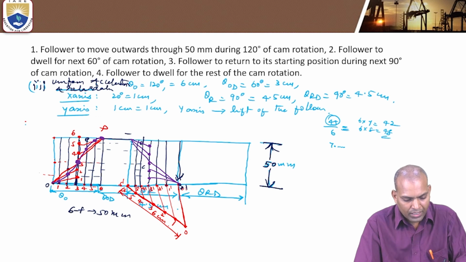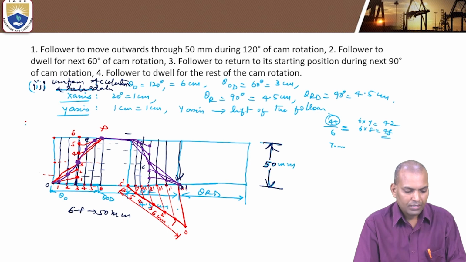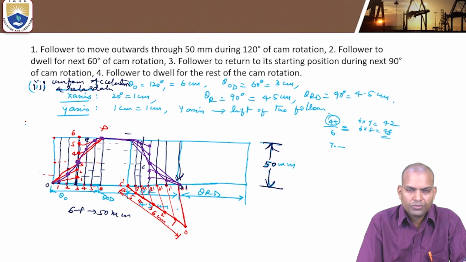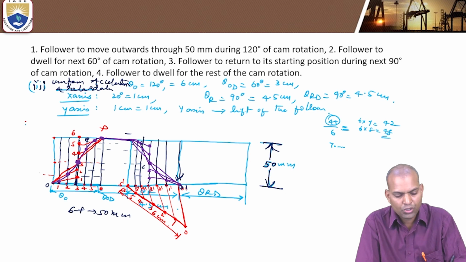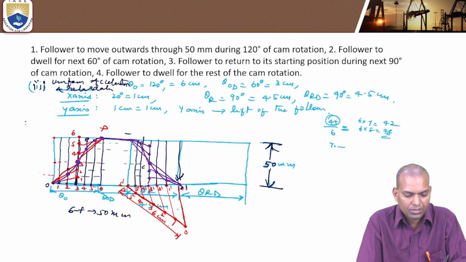Now this 1', 2' intersecting, 4' intersecting 4' line, and it is 5' line. Join all these points with a smooth curve. The same procedure you follow. This displacement curve of a follower having uniform acceleration and retardation is a double parabola. The parabola for outstroke and parabola for return stroke.